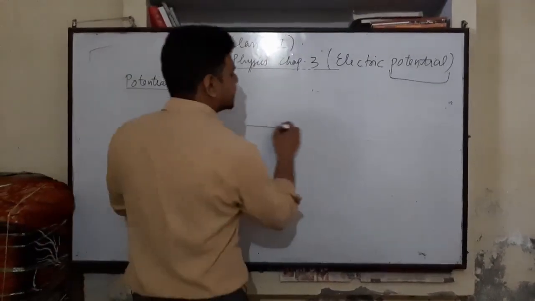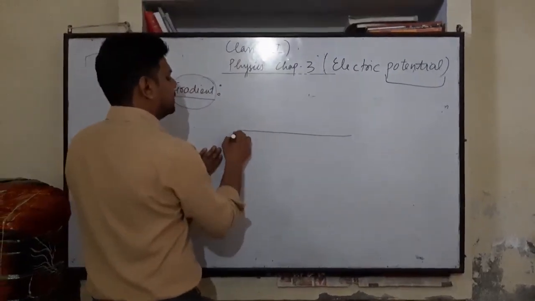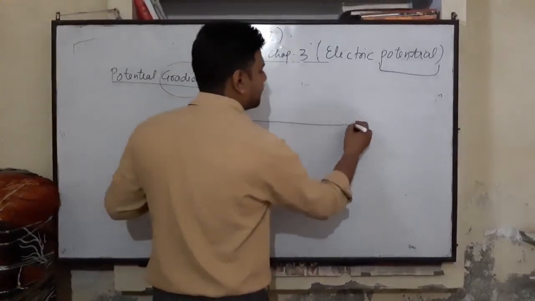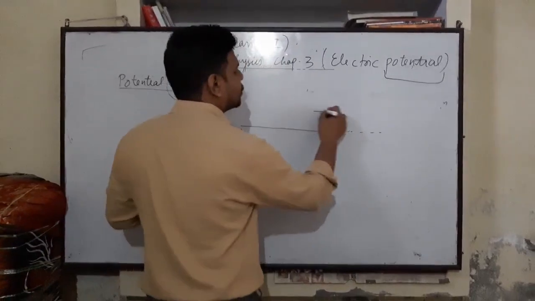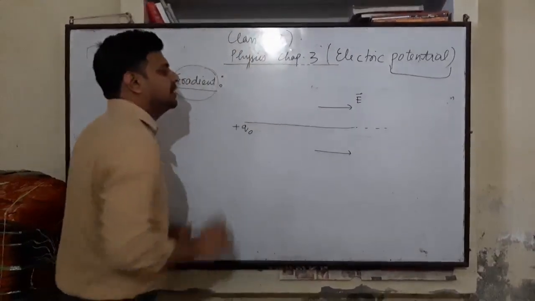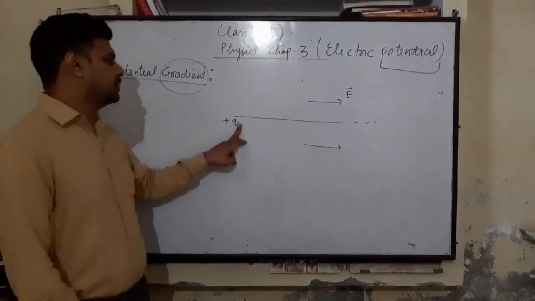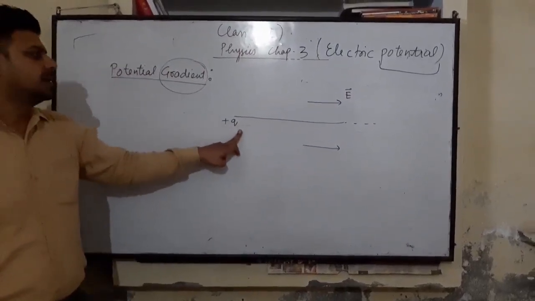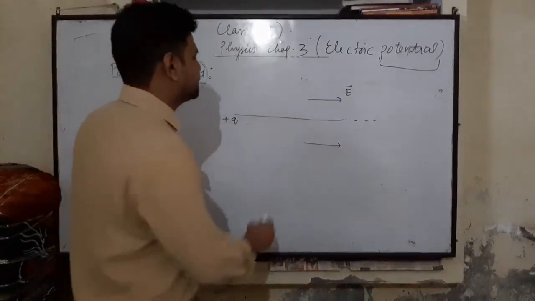So this is a source charge plus Q, and the direction of electric field will be this. In the direction of electric field, the potential due to this plus Q charge decreases.